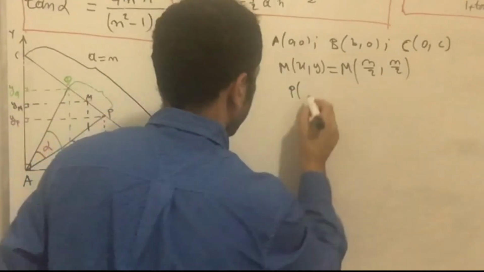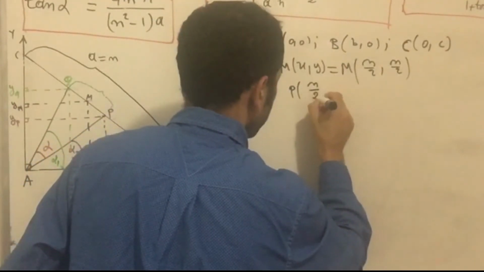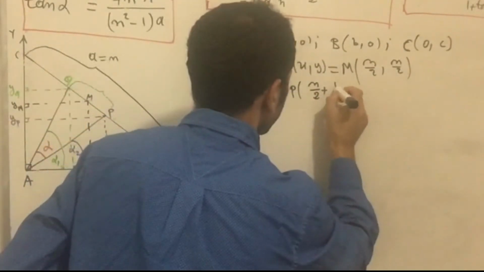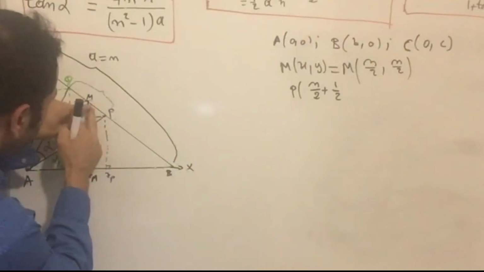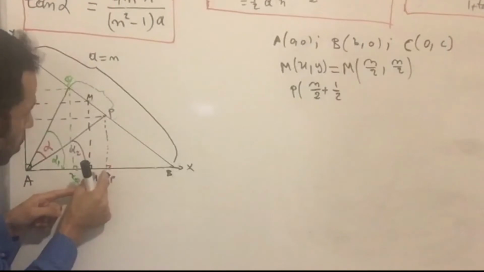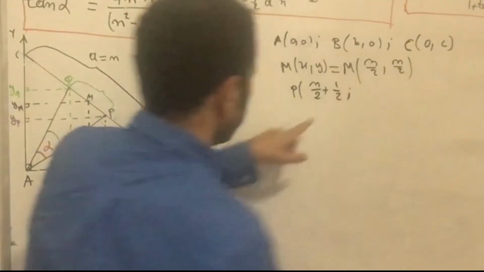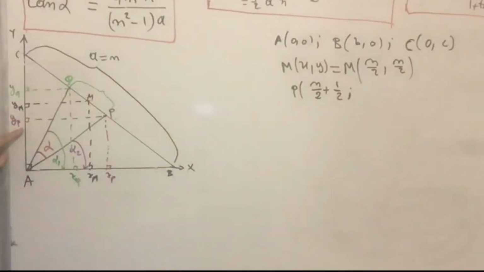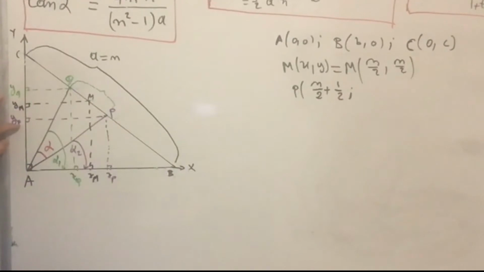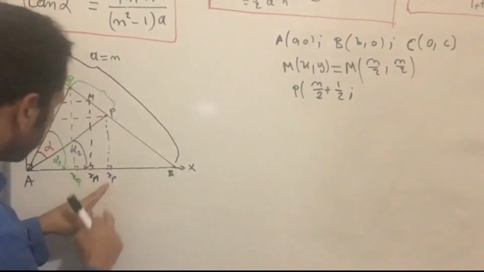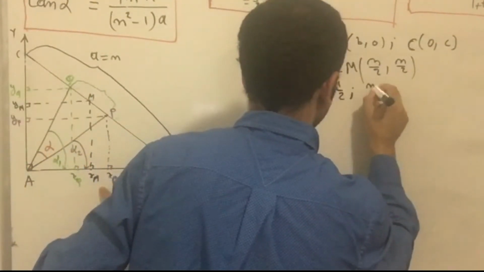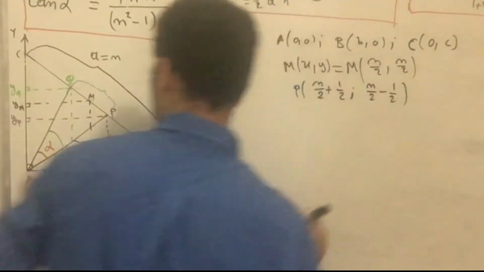So that means n over 2, which is the distance, plus 1 over 2, because they have a very small distance between M and P. This is the input, and the output point is the same thing, but remember, P is located below M on the vertical axis, but this one is located after x. So what does that mean? I have n over 2 minus this distance.